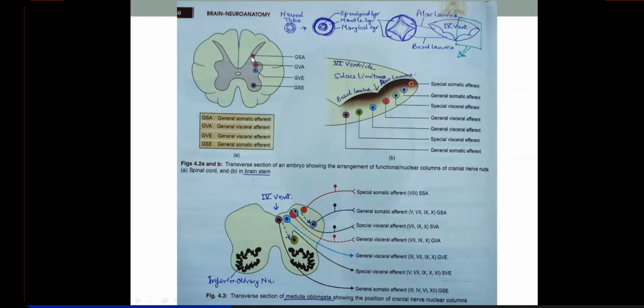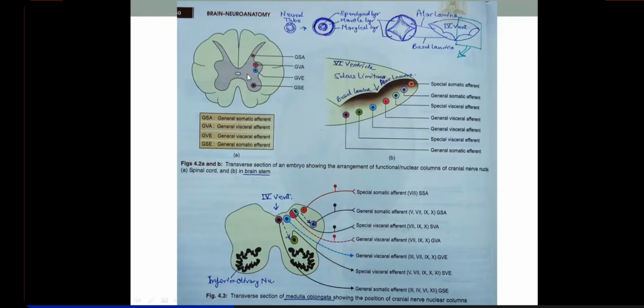The nuclei in the dorsal column are categorized as general somatic afferent. All the exteroceptive and proprioceptive sensations are brought in from the soma, or the structures derived from somites, right? So that is general somatic afferent.